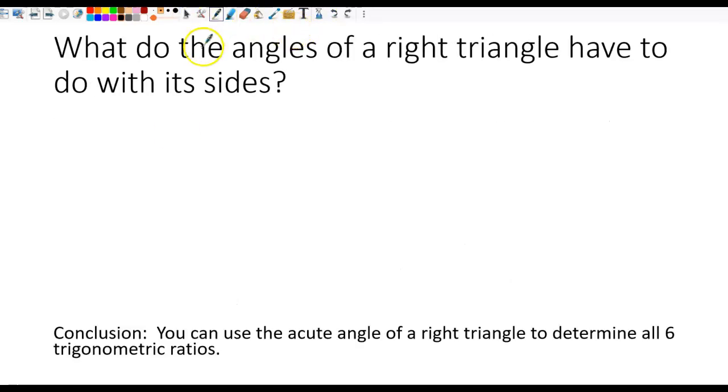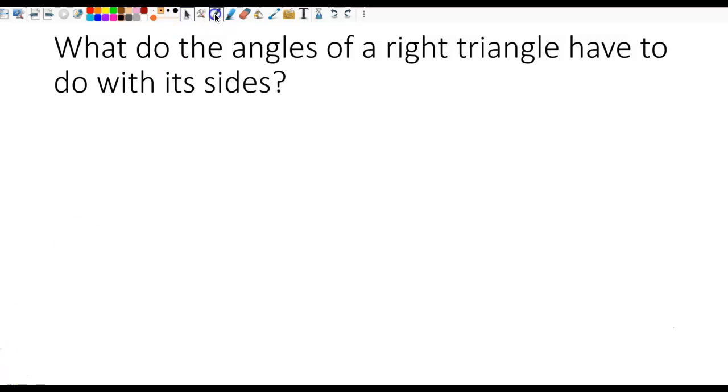Well, we have to begin by answering this question here. What do the angles of a right triangle have to do with the sides? Well, let's investigate that a little bit. Let's say I have this triangle, and let's look at this angle in particular. Well, if I were to make that angle smaller, what would happen?